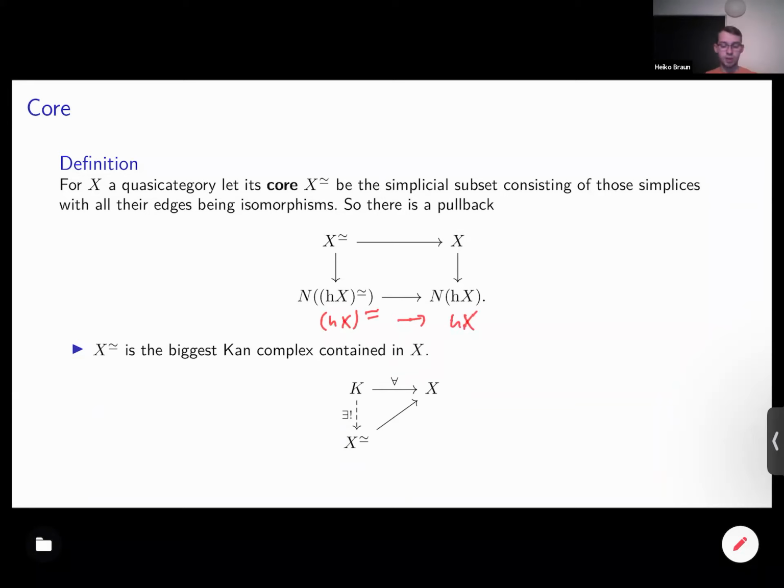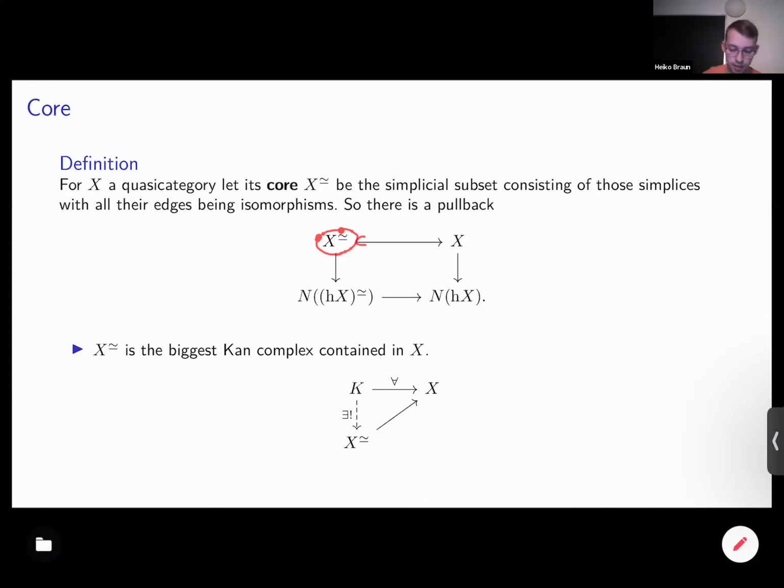And this is the ordinary groupoid core on categories, where you just take all the edges which are isomorphisms, and then you take the nerve to go back to simplicial sets.